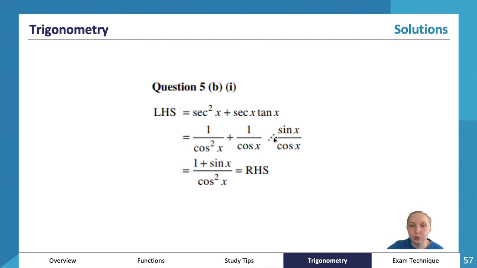When we multiply these together, we get sin x over cos squared x. So if we've got 1 on cos squared x plus sin x on cos squared x, and add those two fractions together, we get 1 plus sin x all over cos squared x, which is equal to the right-hand side. That's all we need to do to prove that equation.